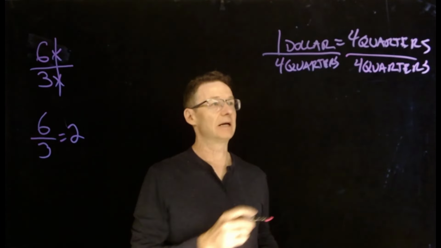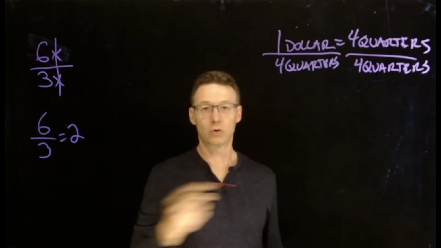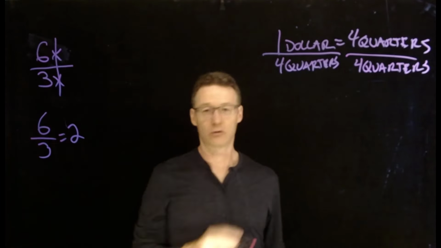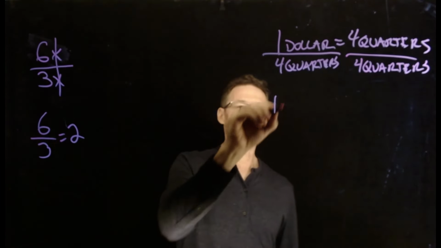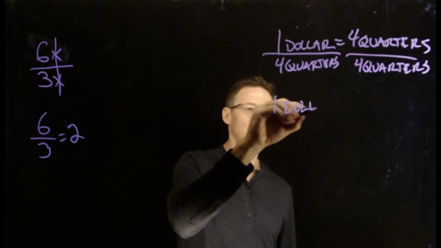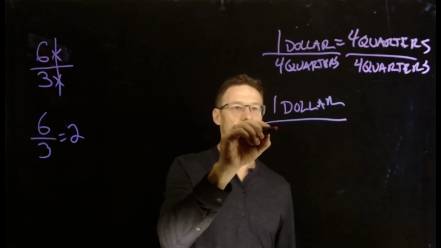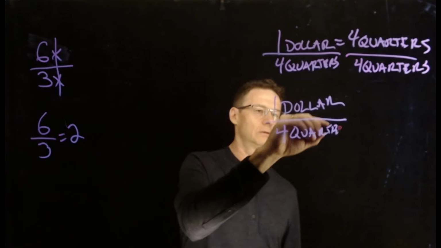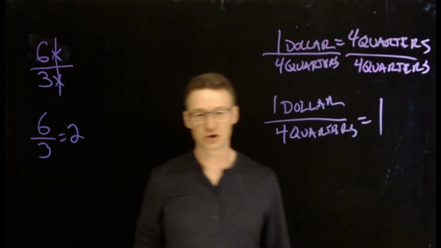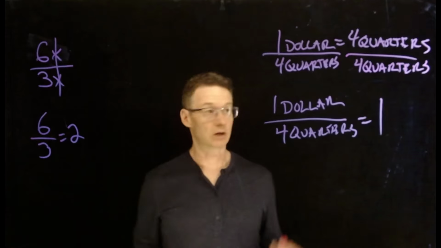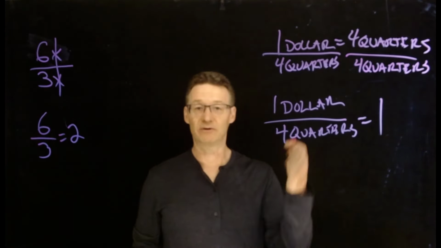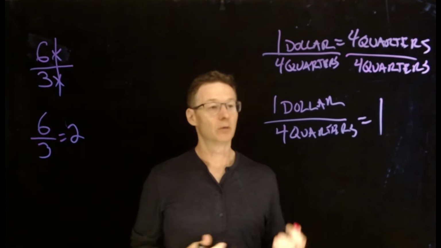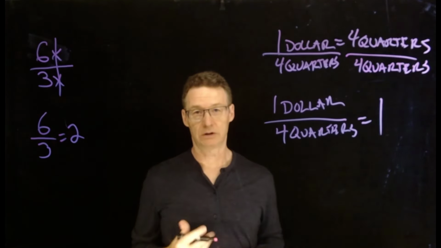So that means that since we know that 4 quarters over 4 quarters equals 1, $1 over 4 quarters equals 1, and that's because, as we discussed earlier, any ratio with equal values on the top and the bottom equals 1. This is the same value, it's the same amount of money, but it's expressed in two different units.